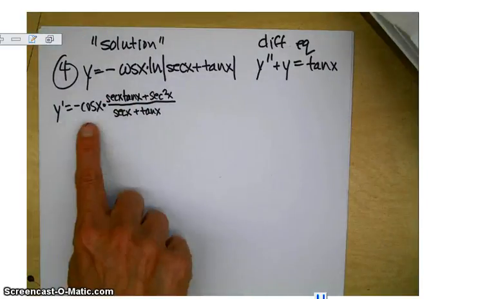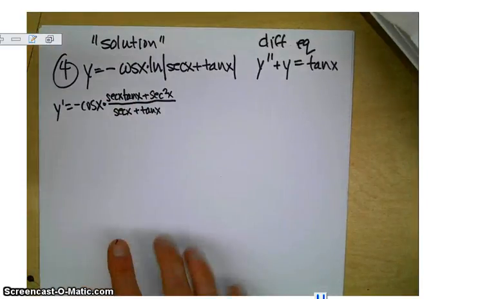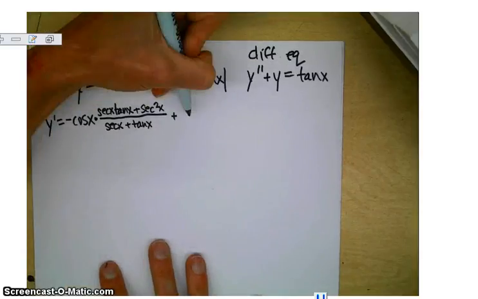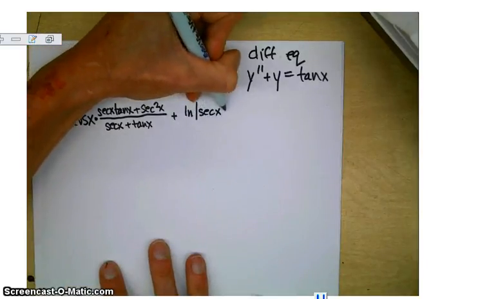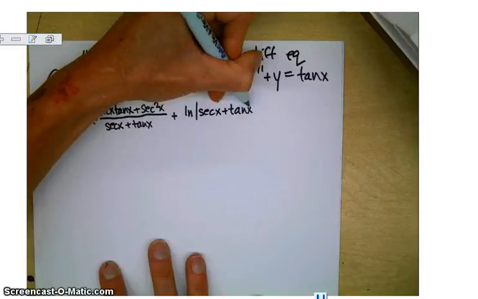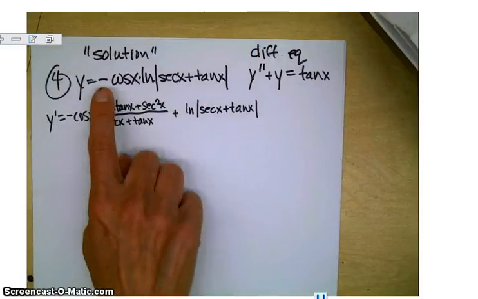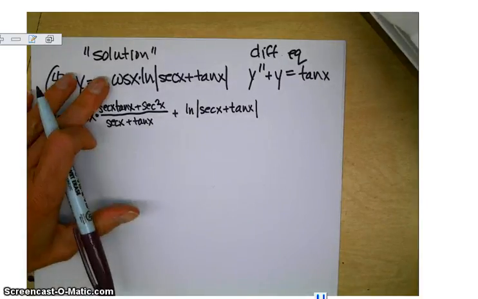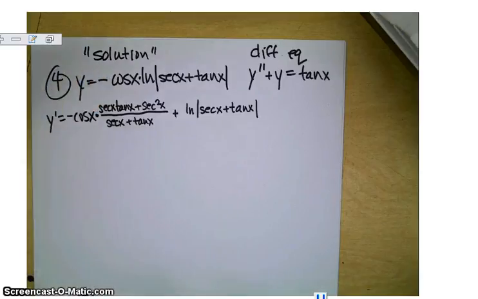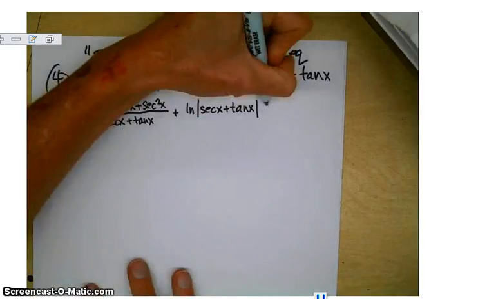So that's first times derivative of the second plus second times the derivative of the first. What's the derivative of negative cosine x? It's the derivative of cosine x. Negative sign, make it the opposite, so it's positive sine of x.